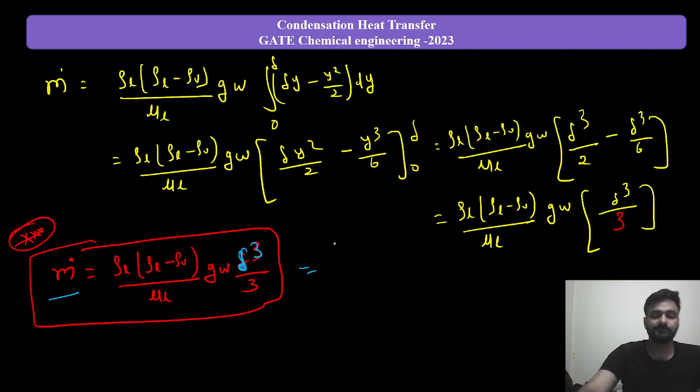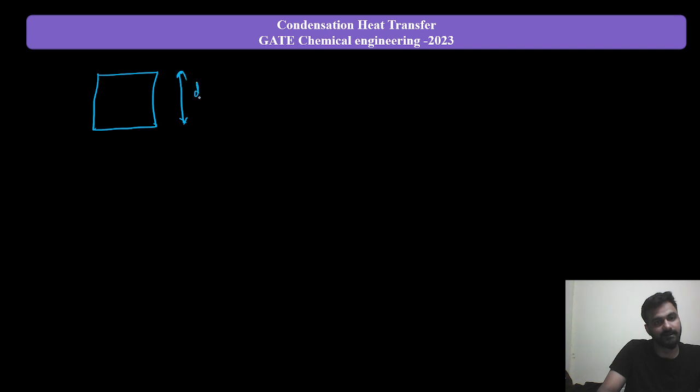So now the next thing is that you can see this condensate layer, this was the thickness that is dx, right? And here that is delta minus y, and inside the plate that length was w, right?